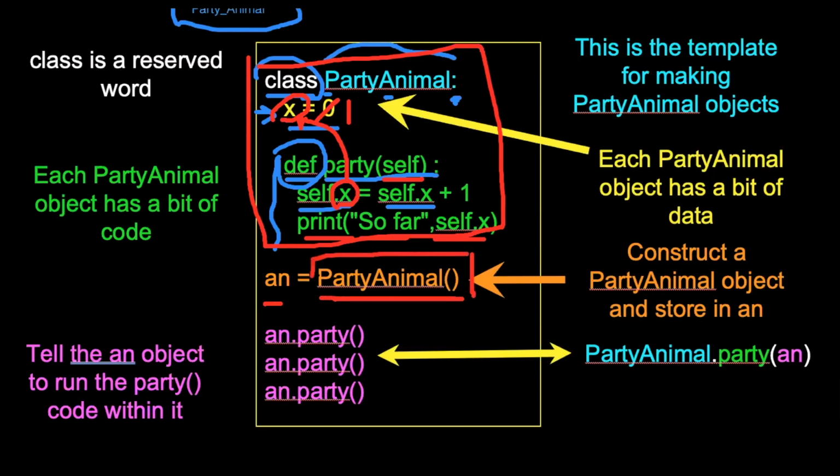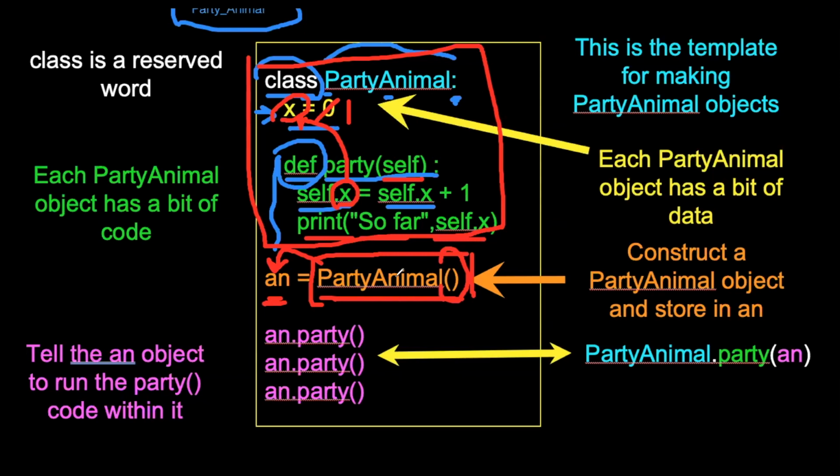This is the dynamic creation of a party animal, by assigning the newly created instance to this AN variable. So AN is an instance of a party animal. Party animal, open and close parentheses, is what we call the constructor. This is the default constructor on party animal.